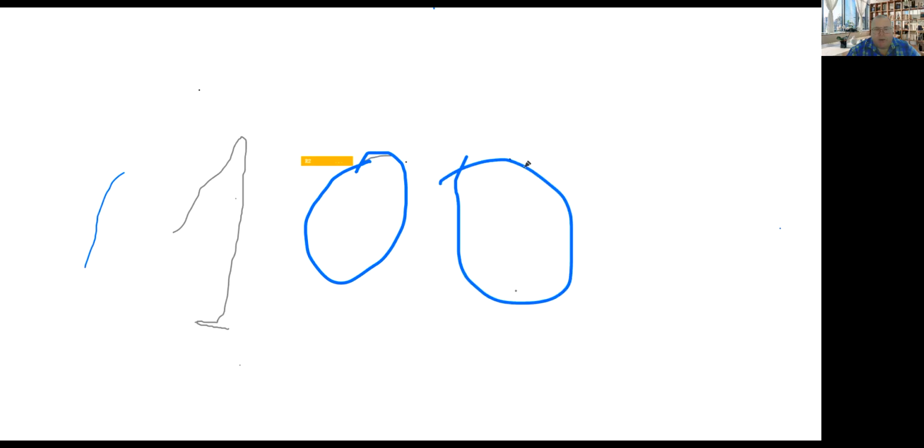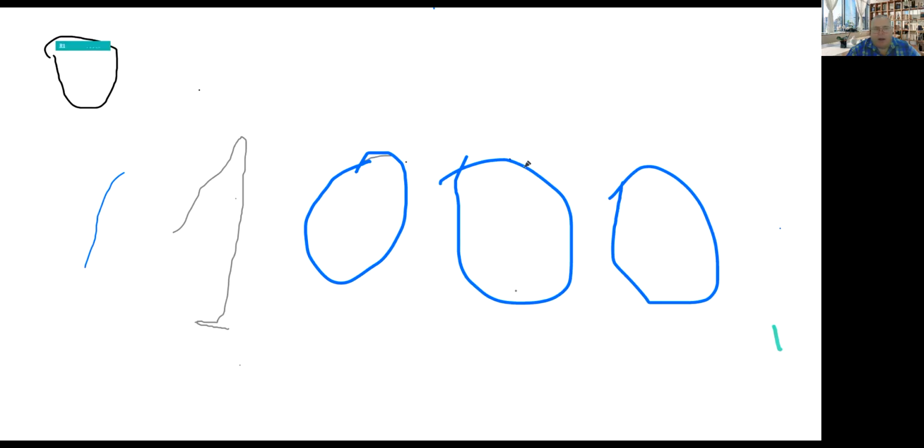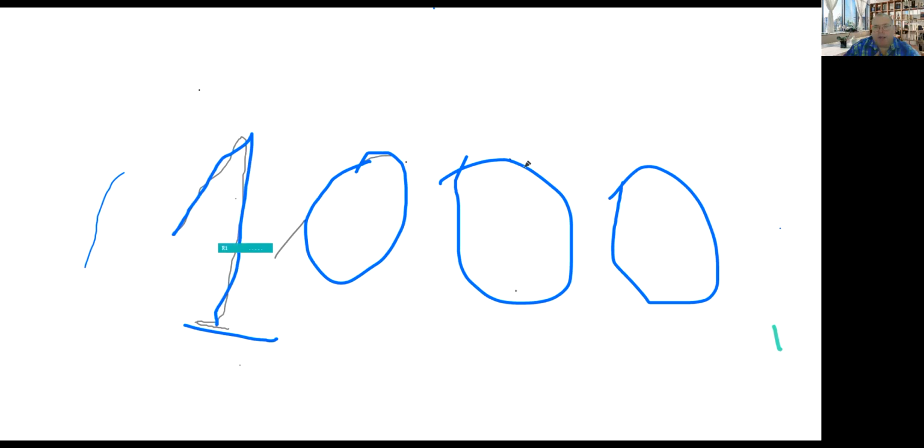One, zero, zero, zero. Oh, we got another zero up in the sky. We don't need that zero up in the sky. Okay, we have 1, 0, 0, 0. So, Teacher Paul, that's 1,000. We want to make that 1,000 into 10,000.